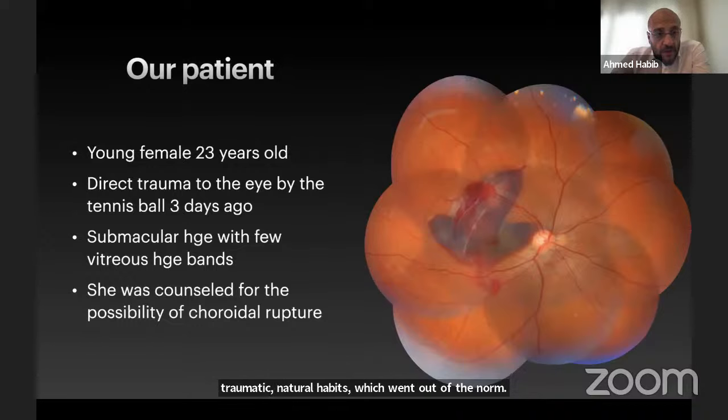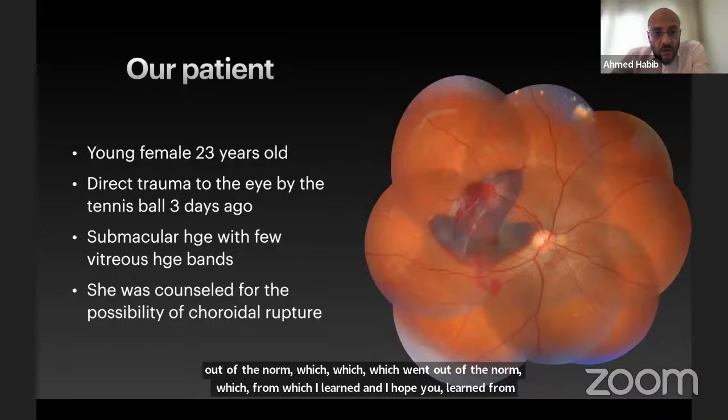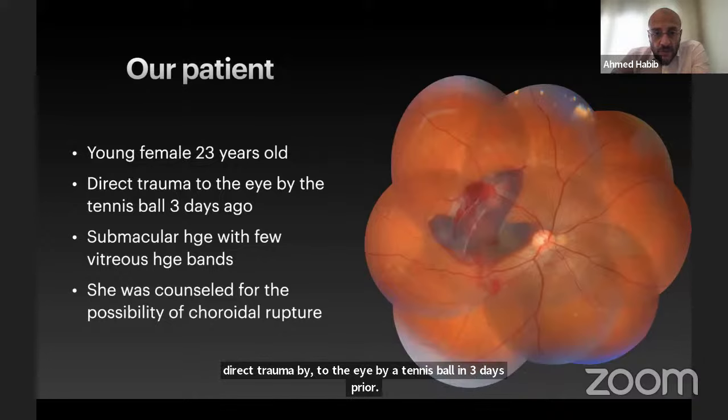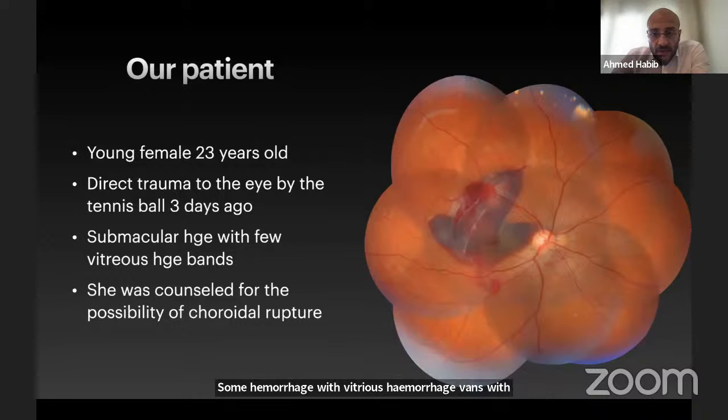Our patient is a young female, 23 years old, with a direct trauma to the eye by a tennis ball 3 days prior. Submacular hemorrhage with vitreous hemorrhage bands was the picture, and as you can see, some lacerations of the retina, and it looks like there could be a choroidal rupture, and the patient was counseled for that.